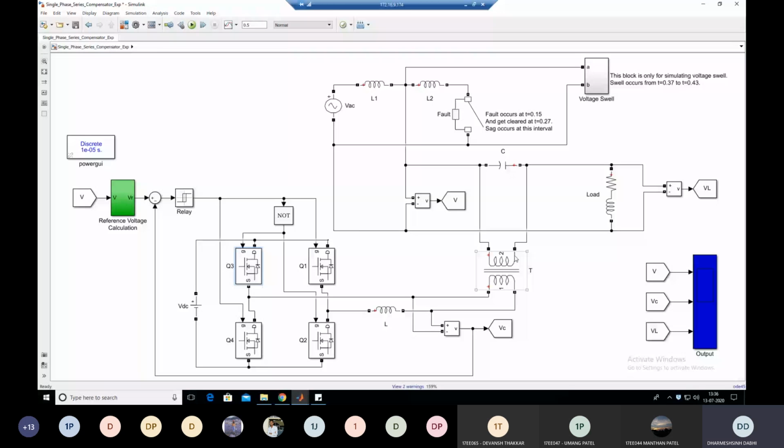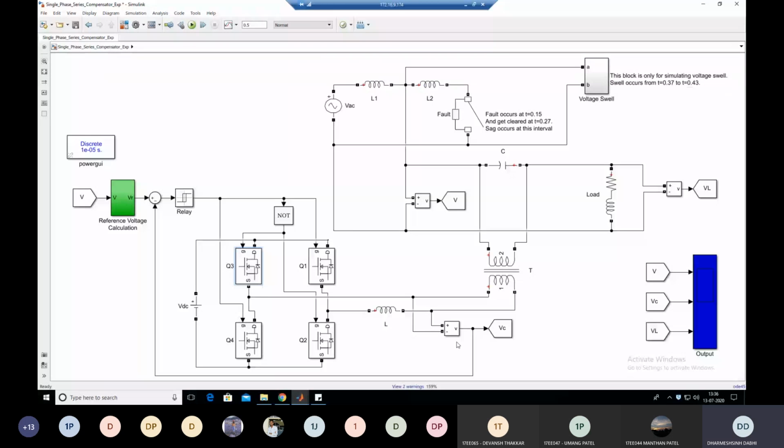Clear? So now, how does this DVR provide voltage balance during the voltage sag condition during the interval 0.15 to 0.27 second, and how does it absorb reactive power during the voltage swell condition in the duration of 0.37 to 0.437 second?